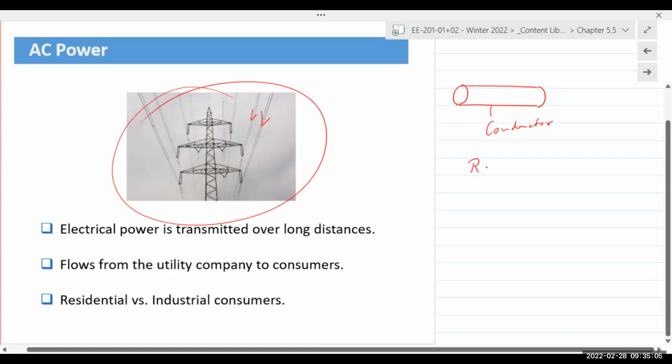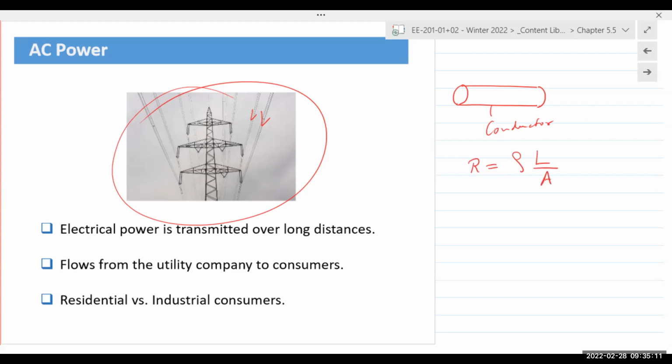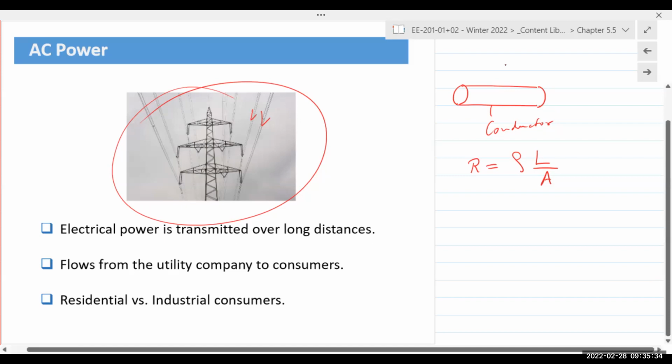That resistance is given by rho L over A, where rho is the material property. This is for informational purposes. I'm not going to test students on it, but students should be aware of it. R, the resistance of a particular piece of material, is given by this equation: rho, the Greek letter, times L over A, where A is the cross-sectional area of this conductor, which is the shaded portion.